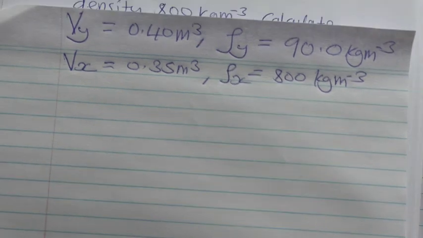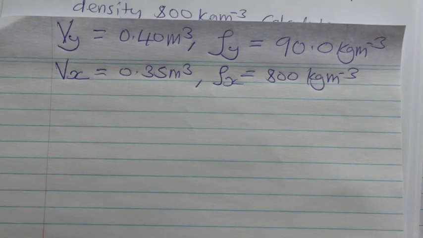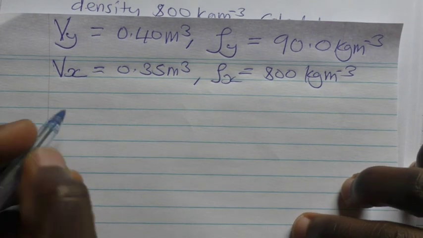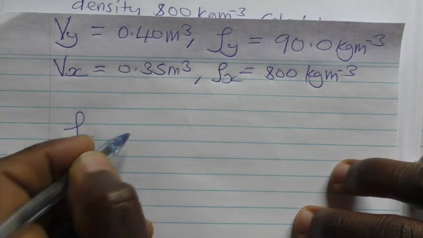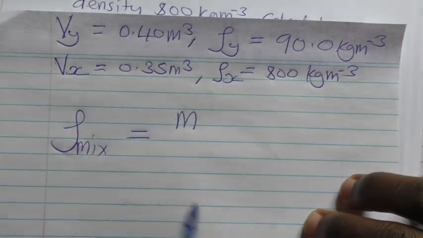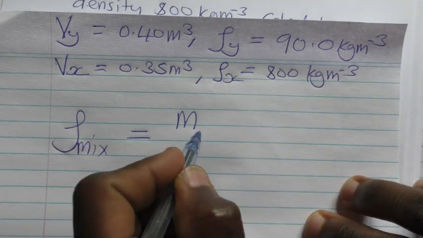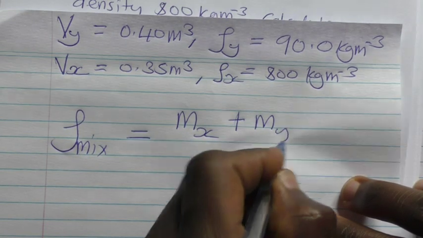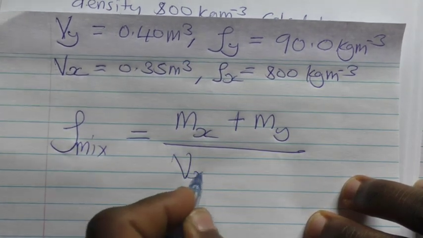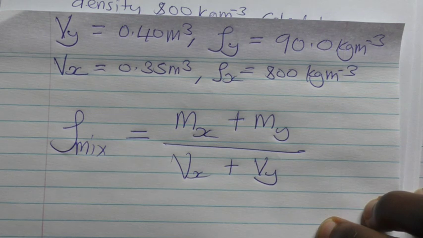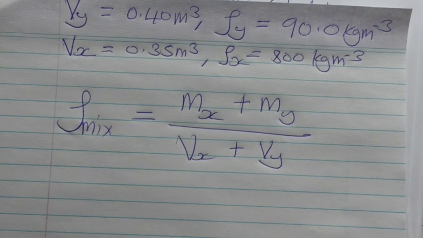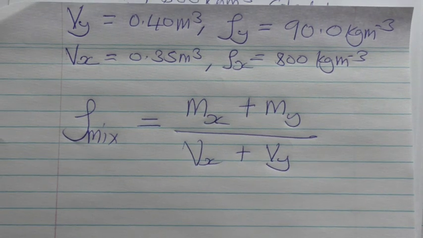Now, this one is a bit different from the first, in that in the first we were given mass and volume. In this one, we are given volume and density. But don't forget that the density of a mixture is equal to the summation of the masses. That would be mass of X plus mass of Y over the volume of X plus volume of Y. So here, our first target is to find the masses of the two liquids.